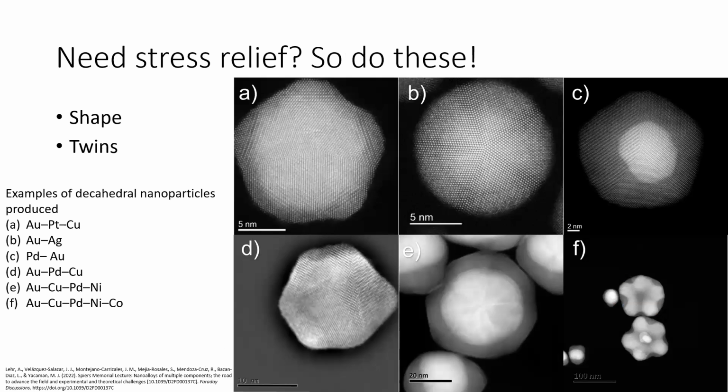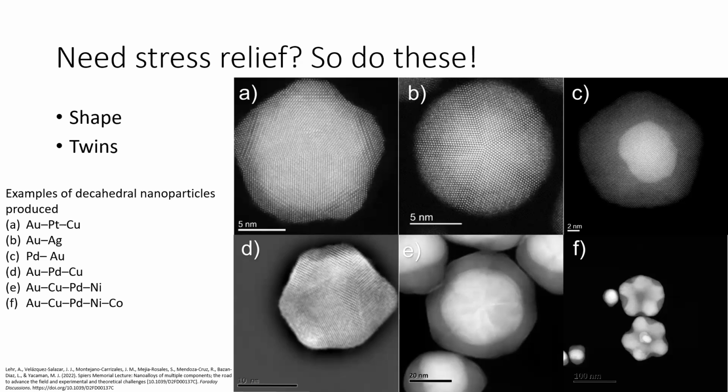Another thing we're seeing with these particles is that the different sizes of the atomic radii are going to cause stress throughout. These particles need to relieve that stress somehow. One of the ways is that they create these twin boundaries and this five-fold symmetry. This is very common among all the particles that we're seeing, especially when we're adding more metals.